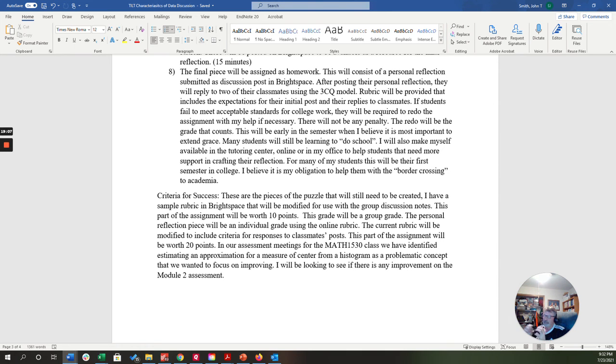In our assessment meetings for the Maths 1530 class, we have identified estimating an approximation for a measure of center from a histogram as a problematic concept that we wanted to focus on improving as a department. So I'm going to be looking at the test questions relating to that concept, where in the assessment they're given a histogram and they have to approximate where the measure of center would be.